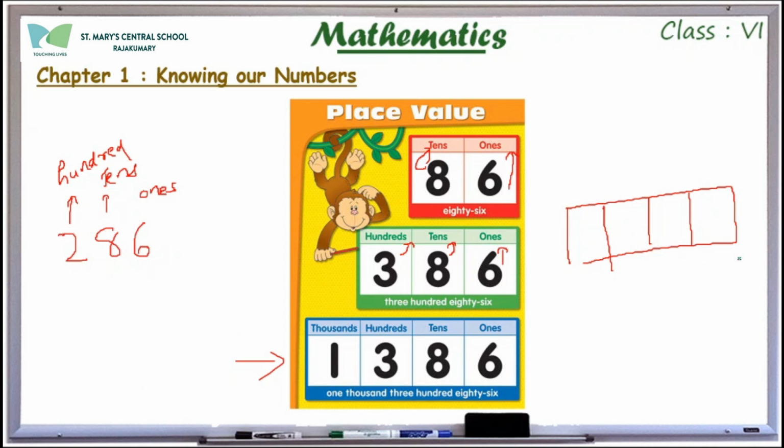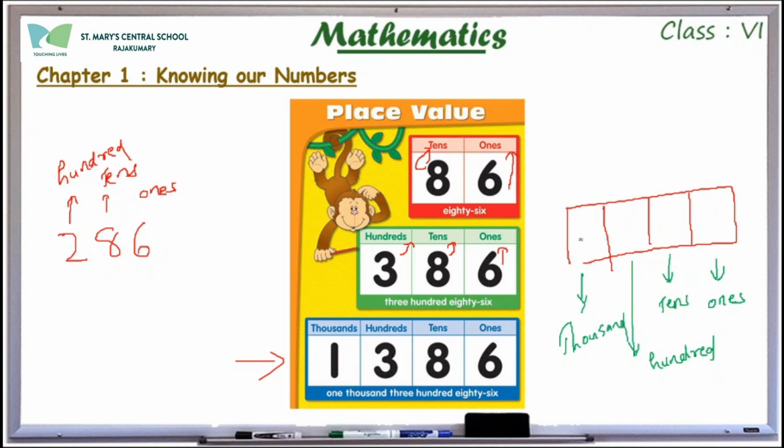Here the number which comes first from the right side is at ones place, and the second is tens place, and the third is hundreds place, and the fourth is thousands place.